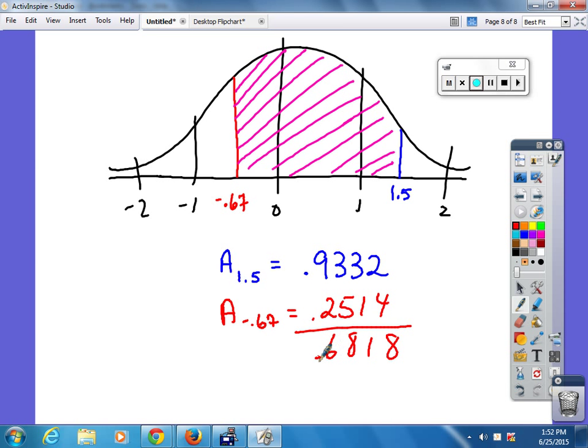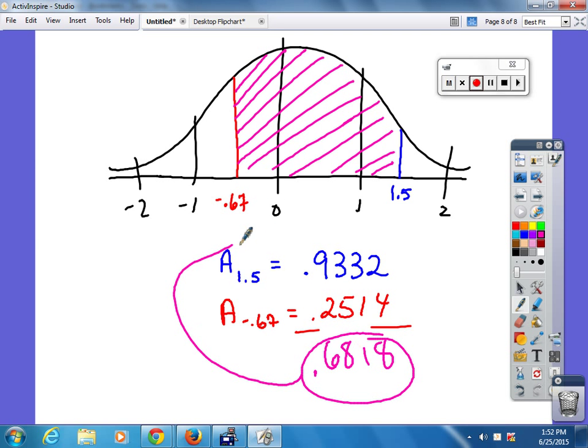Y'all help me out. I get 0.6818, and that's magenta, so I wrote that down. And 0.6818 is that area right there.